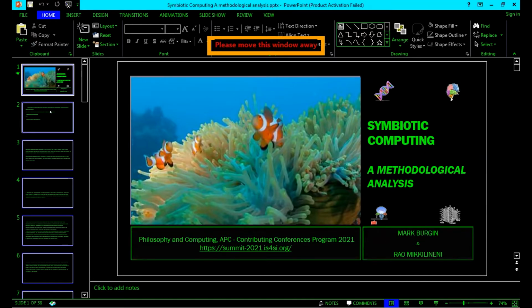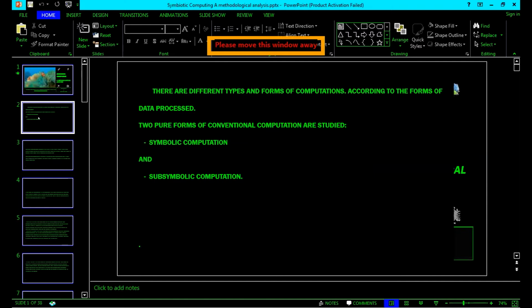So we start with traditional forms of computations. And we know that there are different types and forms of computations. According to the forms of data process, two pure forms of conventional computations are studied: symbolic computation and sub-symbolic computation.